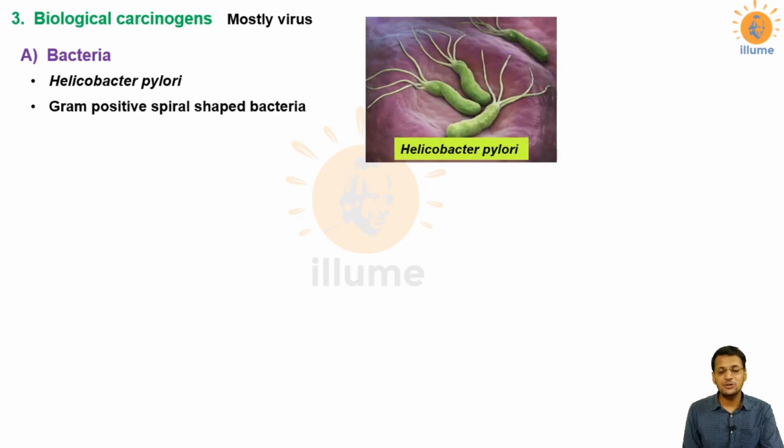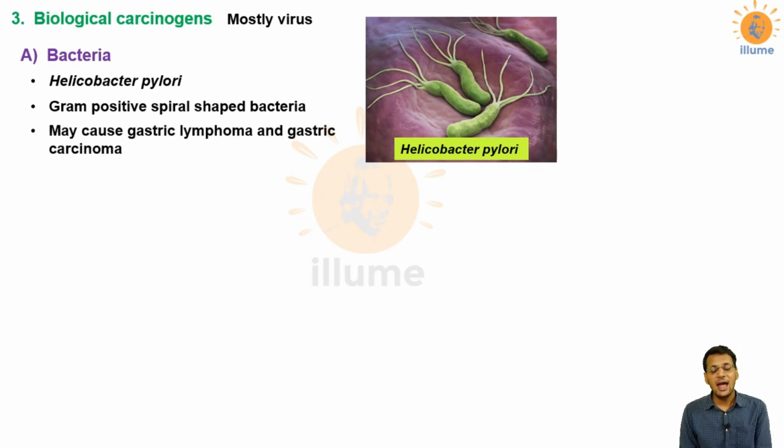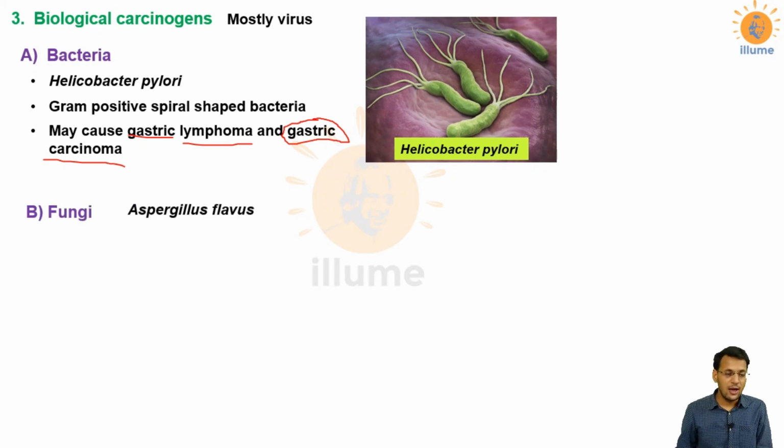This is a gram-negative spiral-shaped bacterium present in the stomach of human beings, associated with peptic ulcers and gastritis, and also responsible for some cancers like gastric lymphoma and gastric carcinoma. Gastric is a word used for stomach, so a lymphoid tumor of the stomach is called gastric lymphoma, and epithelial cancer of gastric epithelium is called gastric carcinoma, associated with Helicobacter pylori.